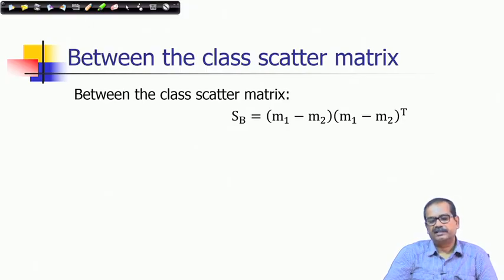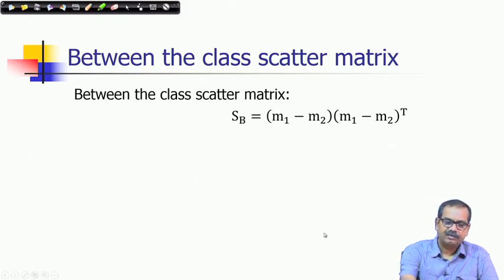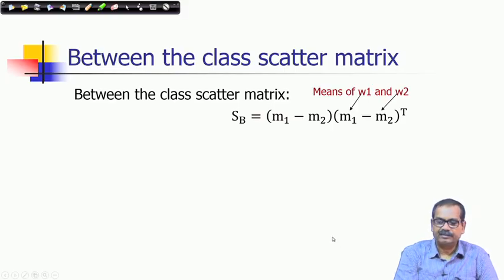So, SB is M1 minus M2 into M1 minus M2 transpose. It is the difference between two mean vectors, so the difference vector of means is defining the scatter matrix. And here also we can show that the separation is related with this.